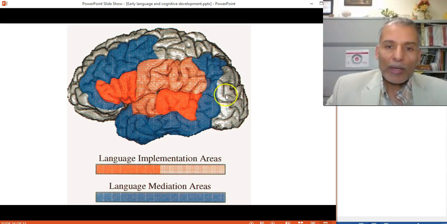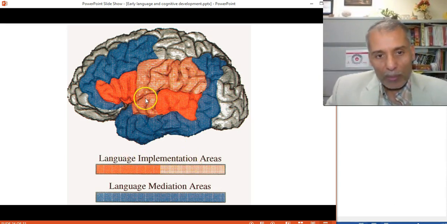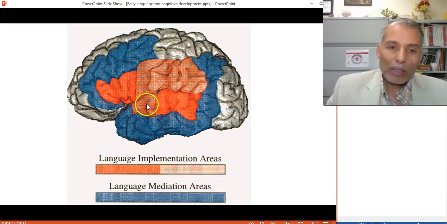And then the white areas here are the areas for perception and for cognition and so on. So that is the idea, that there's a language implementation system, these areas here, where you hear signals and process them, and then you assemble sounds, and then you send them to be expressed here.